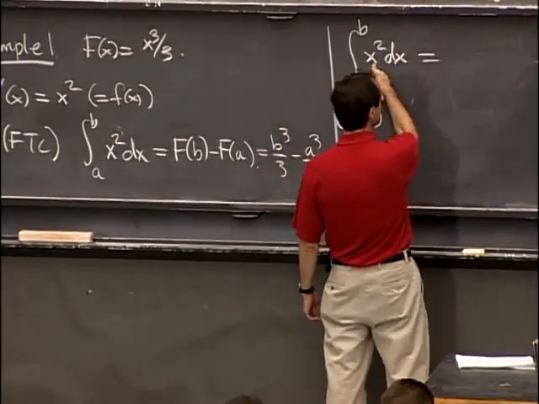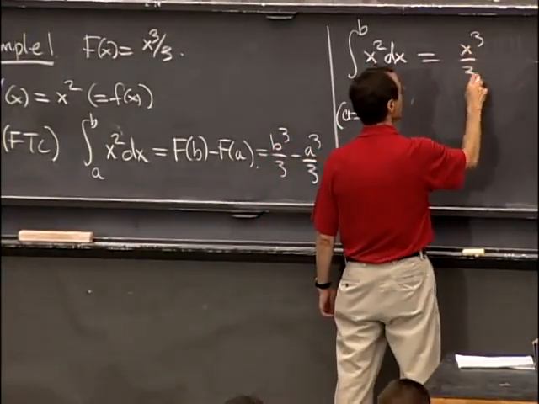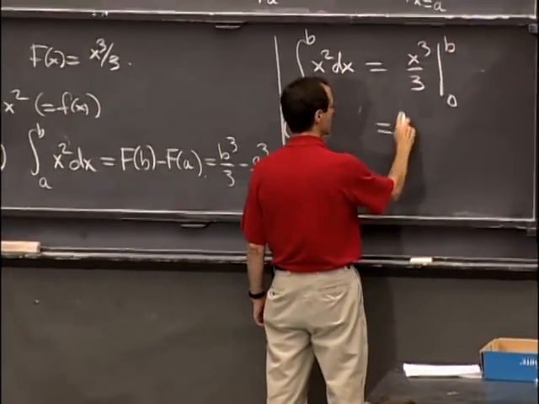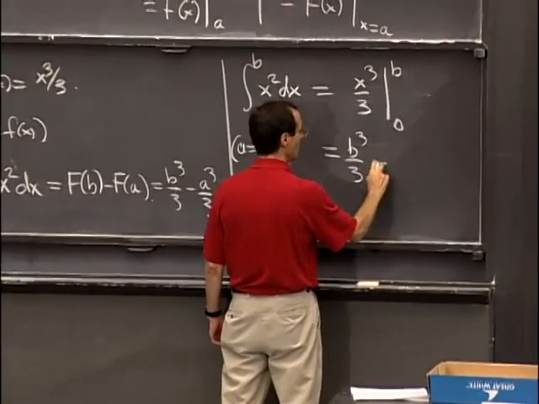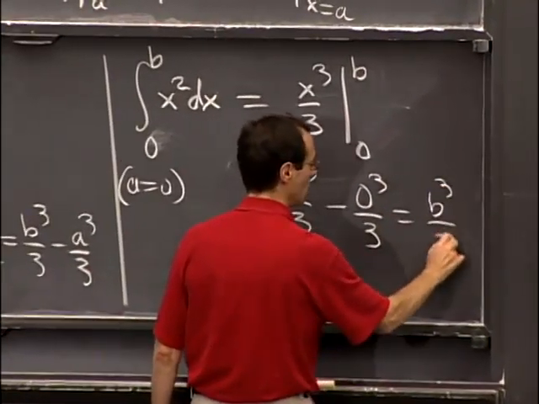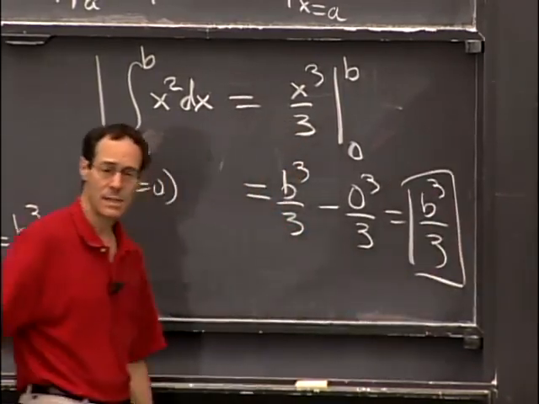The antiderivative of this is x cubed over 3. I'm going to evaluate it at 0 and at b and subtract. So that's b cubed over 3 minus 0 cubed over 3, which of course is b cubed over 3. And that's the end. That's the answer.